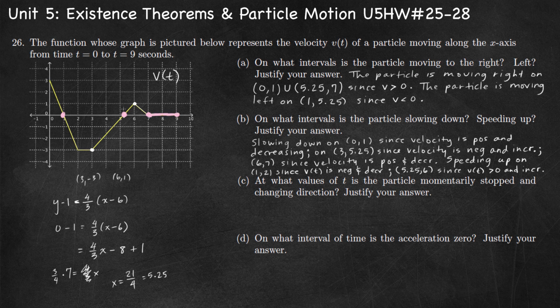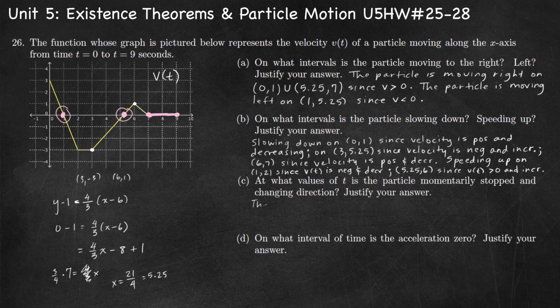But where is the particle changing direction? We need a sign change in our velocity. So that happens here. The velocity is changing from positive to negative. It happens here. Velocity is changing from negative to positive, but it does not happen at 7 or any value between 7 and 9, because there the velocity is constantly 0. It's not changing sign.